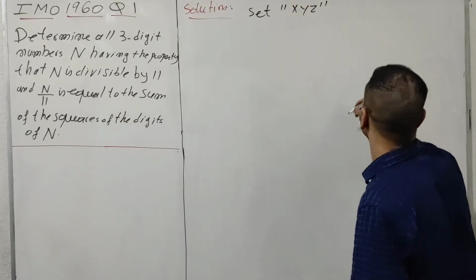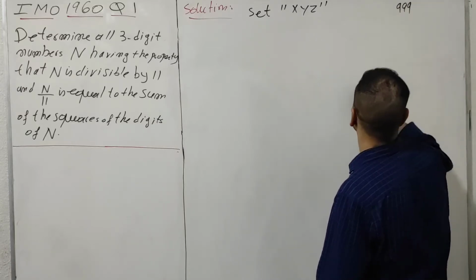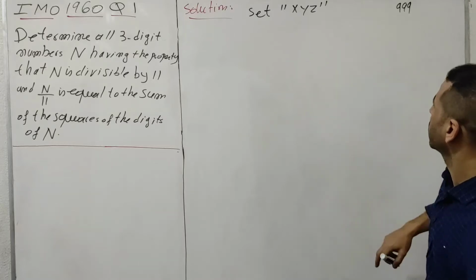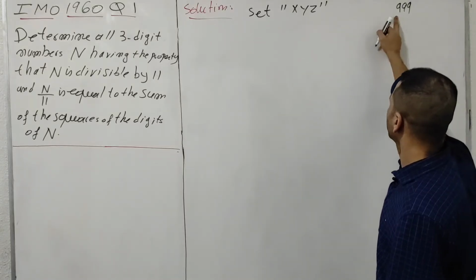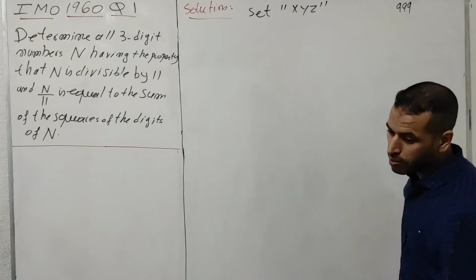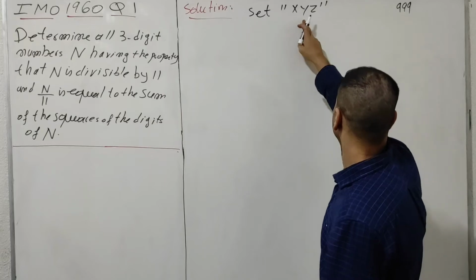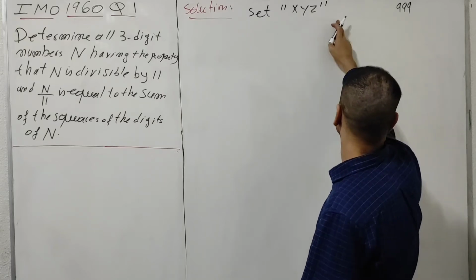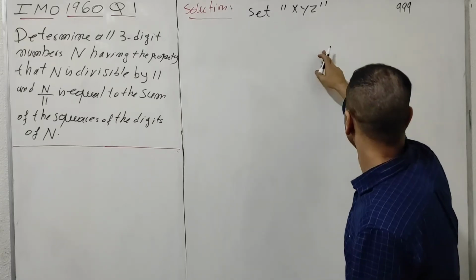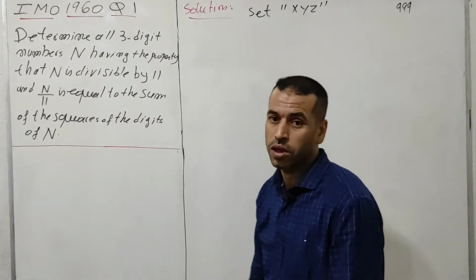Let's take, for example, 999. x is 9, y is 9, and z is 9. This is the maximum number these digits can take because they run from 0 to 9. If you get more than 999, that means you are getting into 4 digits, not 3 digits.